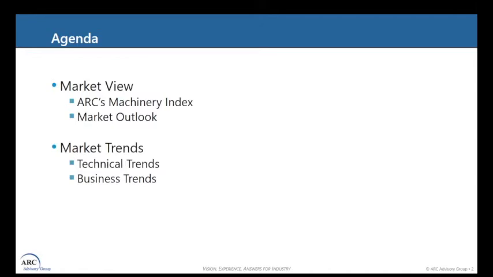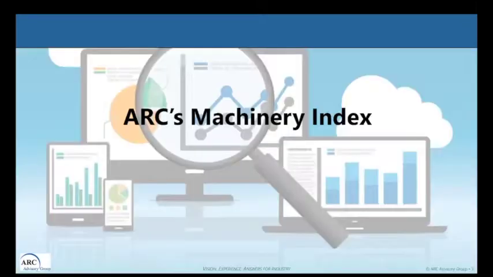I will also show you a little outlook, what we expect in the future for the machinery market. Then I will switch over to market trends, and by market trends I mean two different kinds of trends, either technical or business trends. So let's go right into the topic.